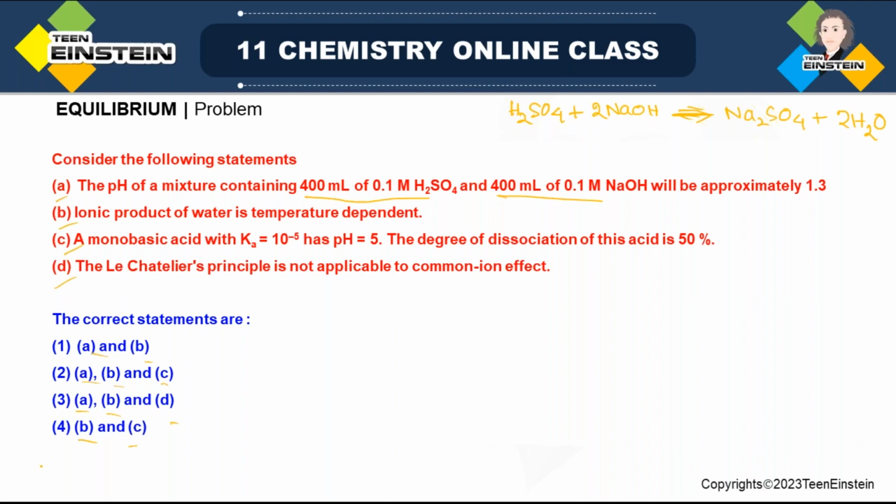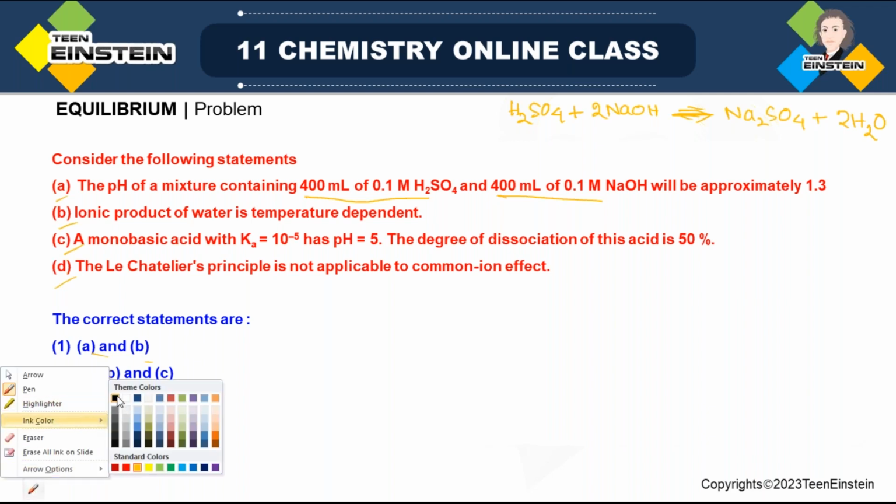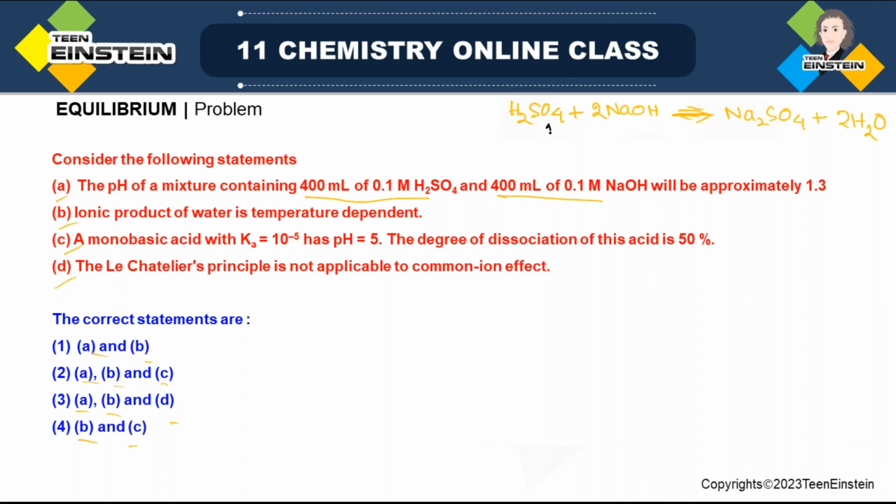Here the important point to notice is that 1 mole of H2SO4 reacts with 2 moles of NaOH. When you have volume in ml and concentration in molarity, directly multiplying gives millimoles: 40 millimole. Similarly, the initial amount of NaOH is 40 millimole, because this is also 400 ml of 0.1 molar.